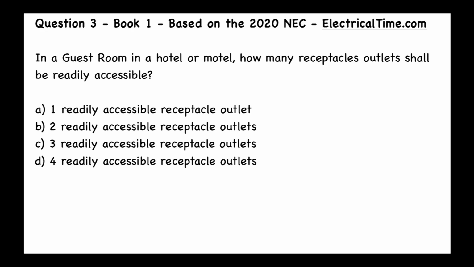This is question 3 from book 1 based on the 2020 NEC by electricaltime.com. In a guest room in a hotel or motel, how many receptacle outlets shall be readily accessible? So we've got a couple of choices here. 1 readily accessible receptacle outlet, 2 readily accessible receptacle outlets, 3 readily accessible receptacle outlets, or 4 readily accessible receptacle outlets.